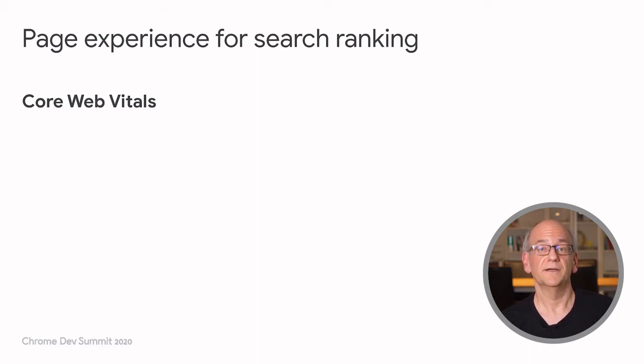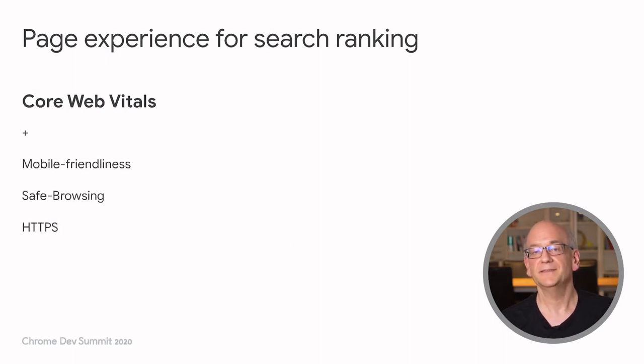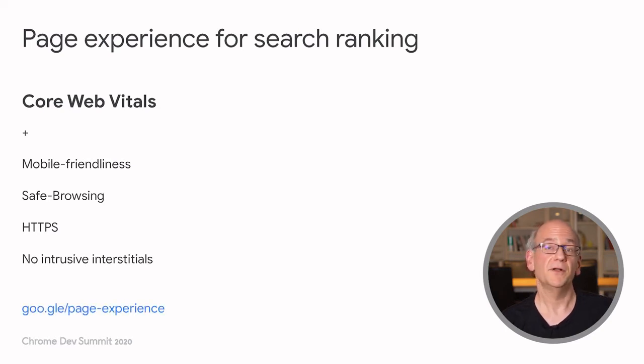The additional signals are mobile friendliness, safe browsing, HTTPS security, and compliance with our intrusive interstitial guidelines. These have all been around for a while, and there's much written up about them, so I won't go into much detail here. We plan to adjust these signals over time to best reflect a good user experience for users. We'll give a 6 months heads up before any change.